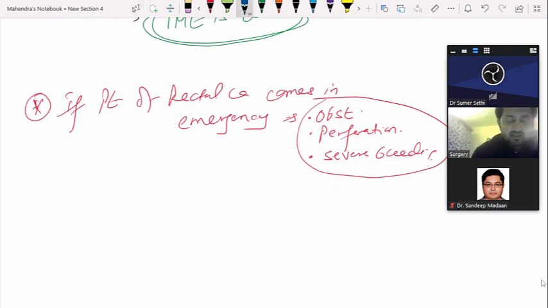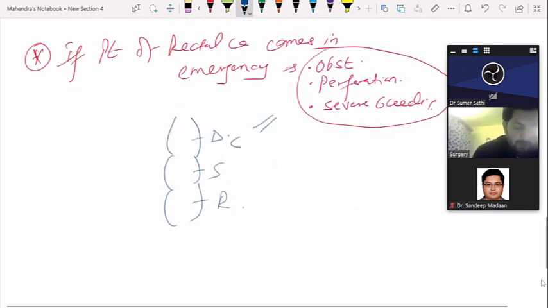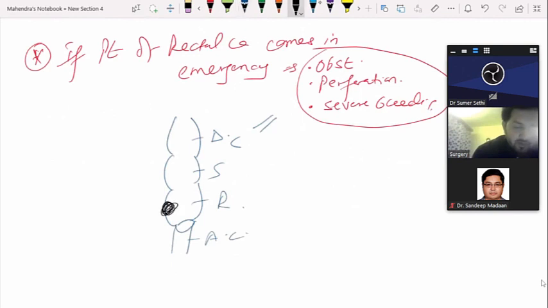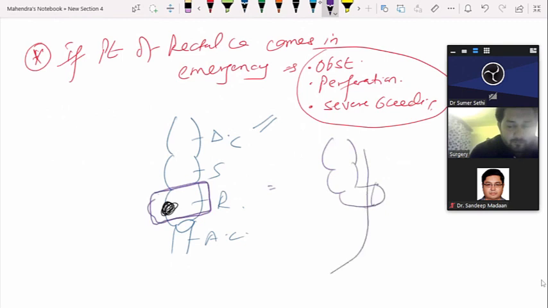So that's why in these cases, suppose this is descending colon, sigmoid, rectum and anal canal. Suppose this was a cancer causing obstruction or perforation. You will simply remove just this part, which is causing the main problem. Then the proximal part you can bring out as a temporary stoma and the distal part you can simply close.